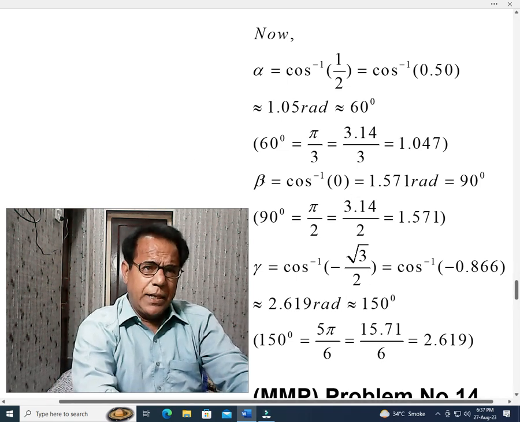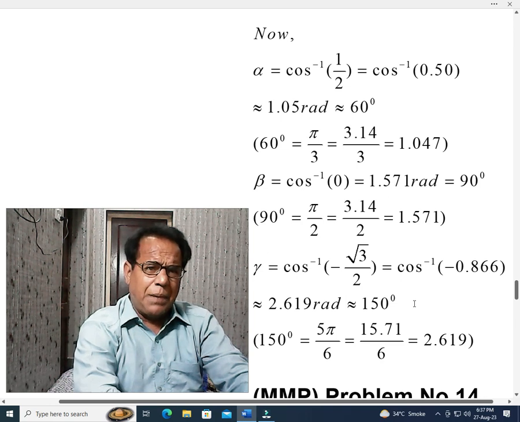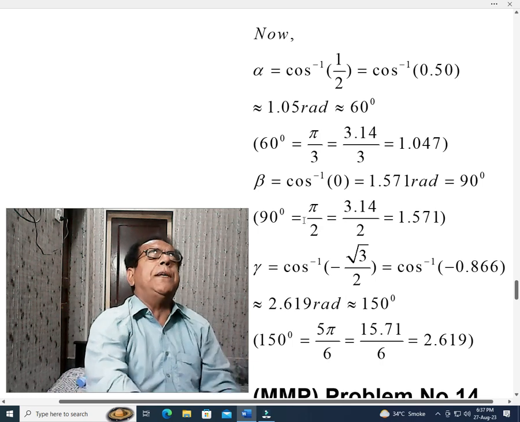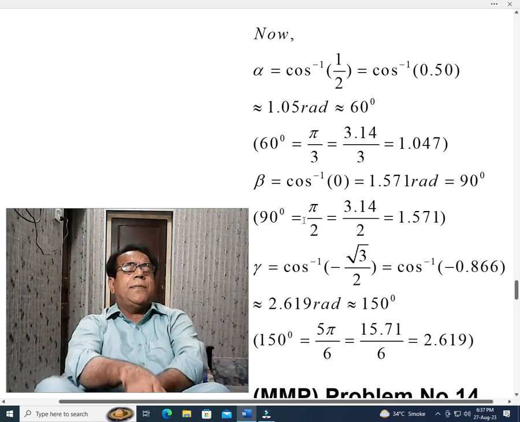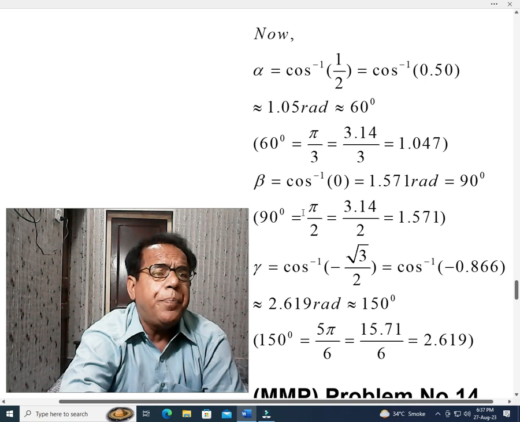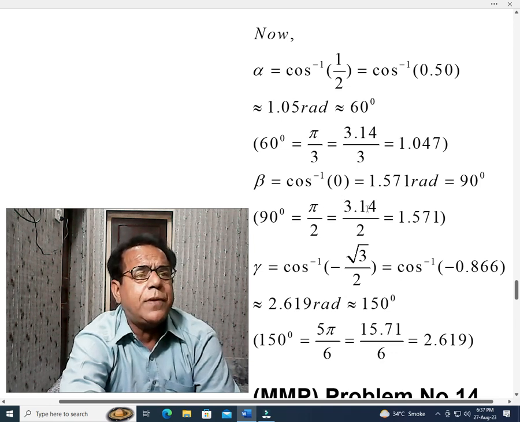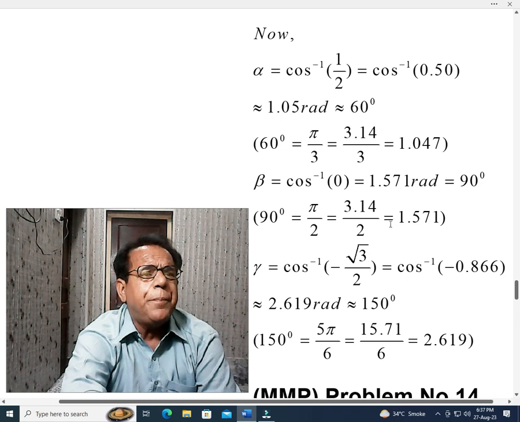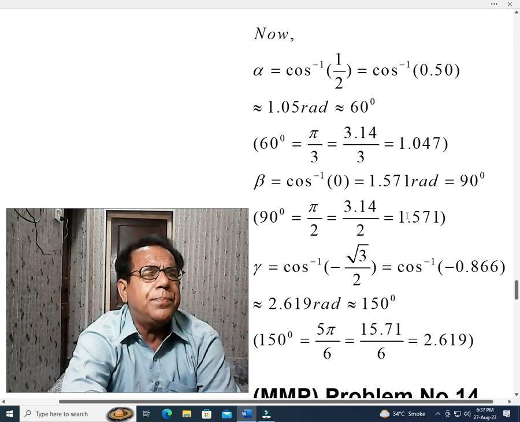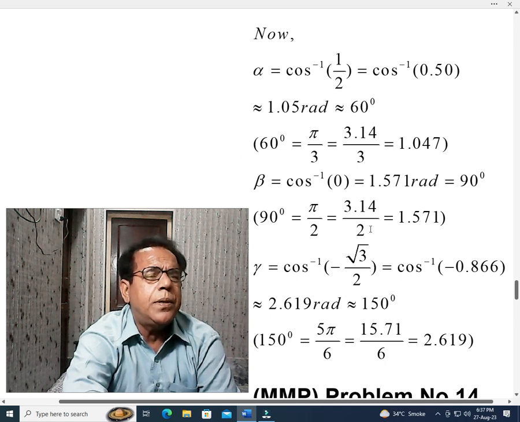So beta equal to this and gamma equal to this. Here again 90 degree can be written as pi by 2, because pi is assumed equal to 180, so half of 180 is 90 degree, and here second time we will use pi equal to 22 by 7, that is 3.14, and hence it becomes equal to this, in radian we have taken 1.